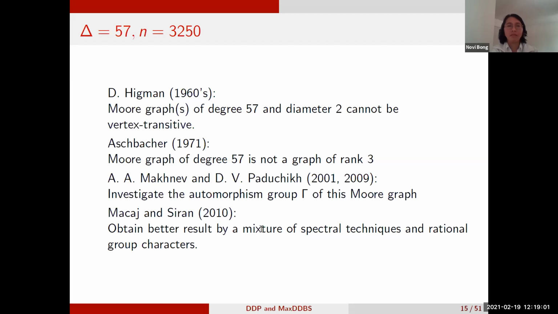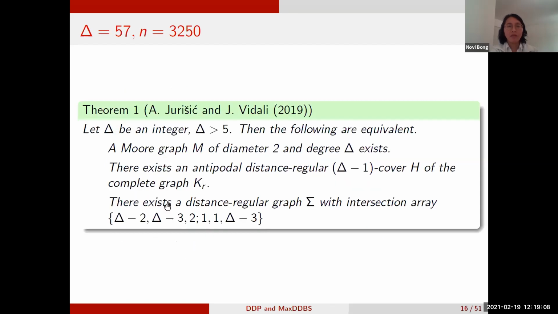There's also a result by Mackay and Siran in 2010. The most recent update of this problem that I am aware of is this paper by Jurišić and Vidali. They said, let delta be an integer, this is the result of their paper that can be related to the Moore graph. The following statements are equivalent.